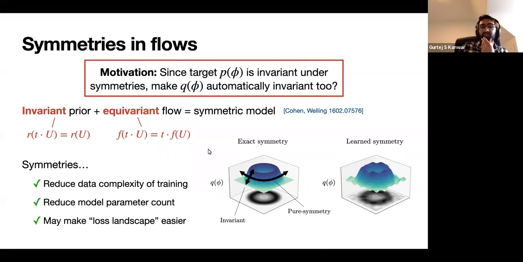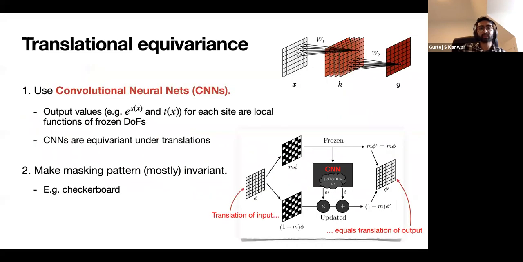And if these two properties are satisfied, then one can simply show the distribution is symmetric under the symmetry operation. So if we achieve this and bake the symmetry in, in principle the data complexity of training and the model parameter count are reduced, and often this seems to make the loss landscape easier as well.